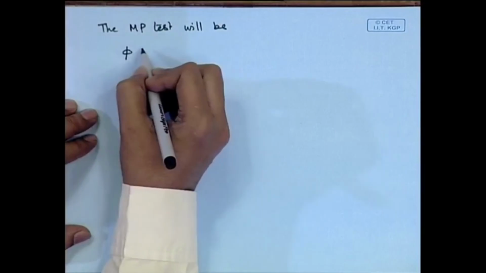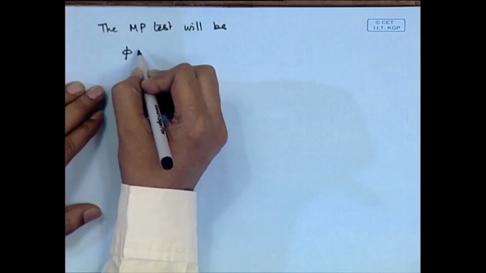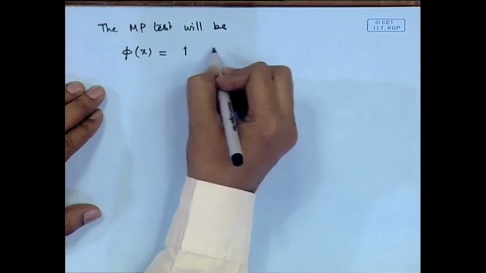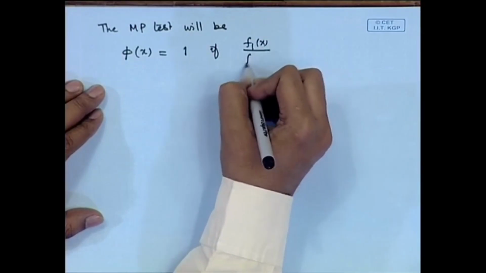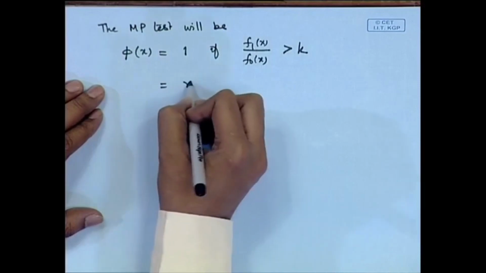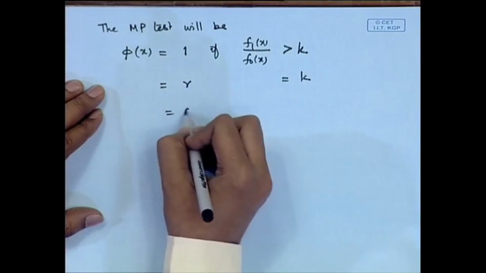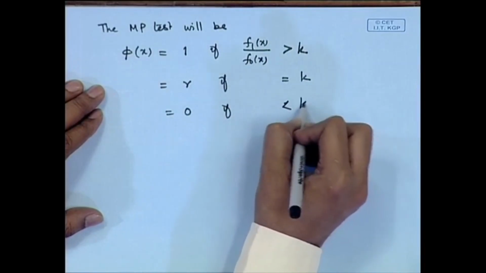So, the most powerful test will be as follows. Since randomization may be required, we write the test function: phi x is equal to 1 if f 1 x by f naught x is greater than k, equal to gamma if this is equal to k, and equal to 0 if this is less than k.